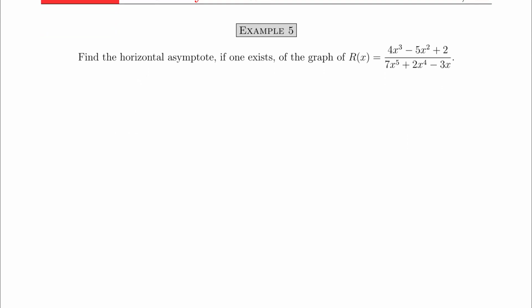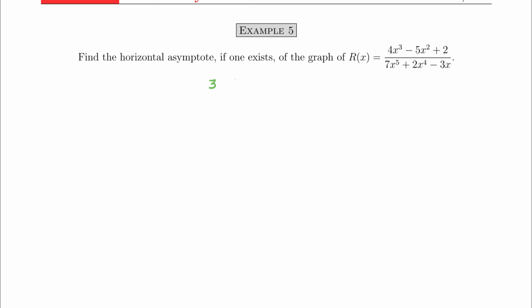So for example 5, it says find the horizontal asymptote if one exists of the graph r of x equals 4x cubed minus 5x squared plus 2 over 7x to the 5th plus 2x to the 4th minus 3x. Well, what we need to look at is simply the degree of the numerator compared to the degree of the denominator. The numerator degree is 3.